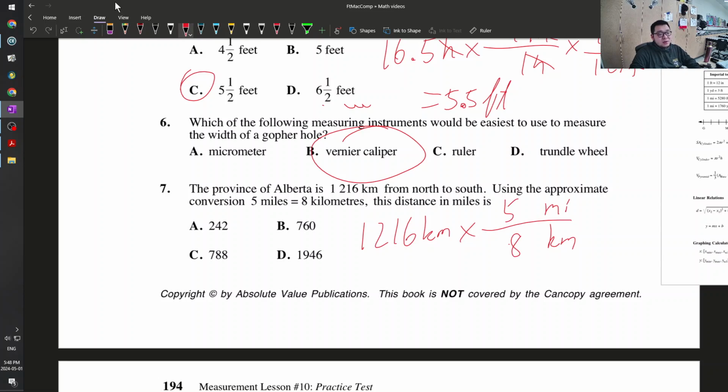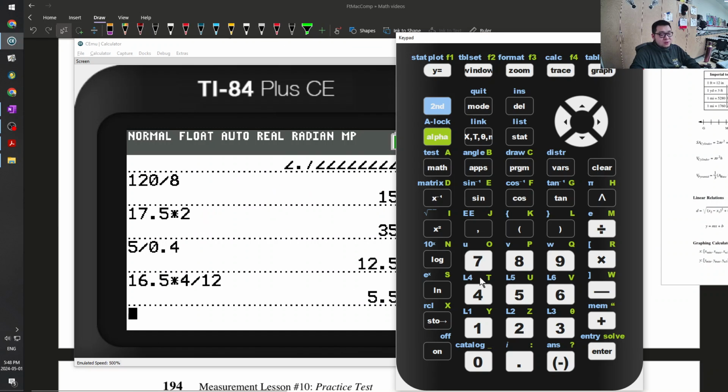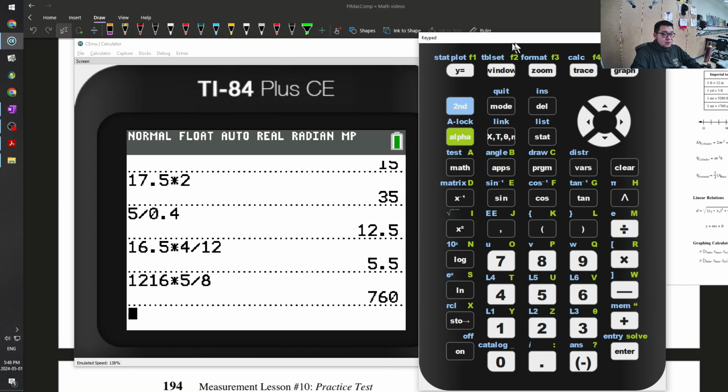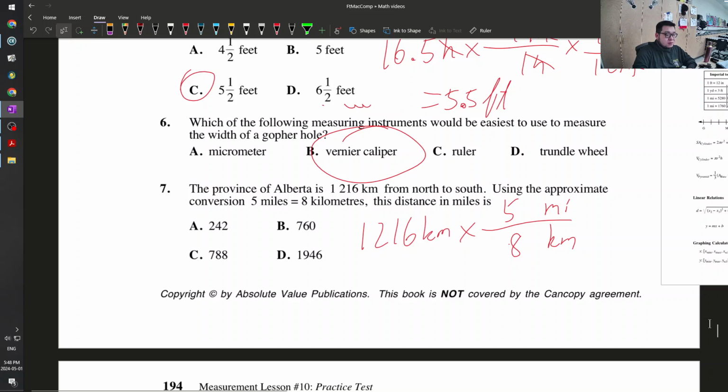Multiply the top, divided by the bottom: 1216 times 5 divided by 8 is 760 miles. 7 is B.